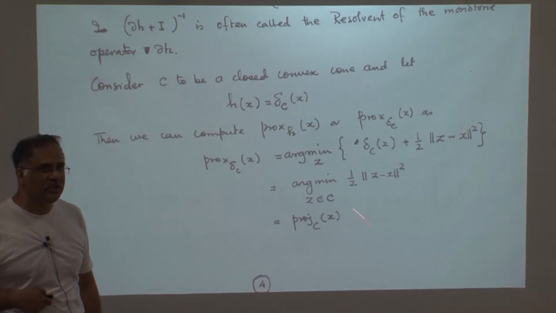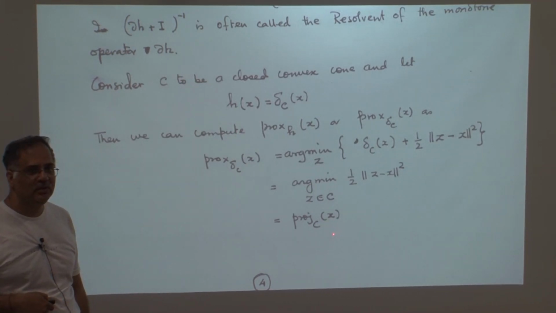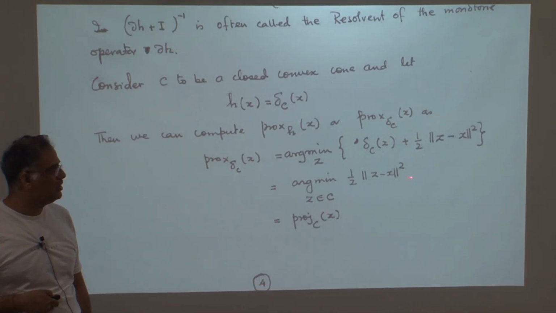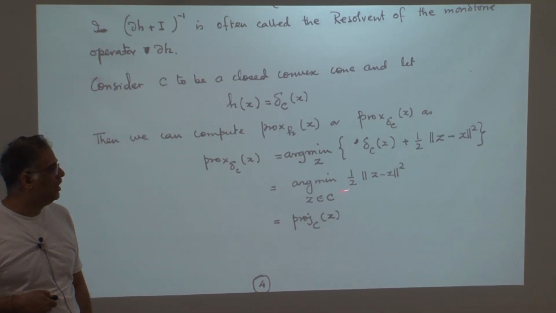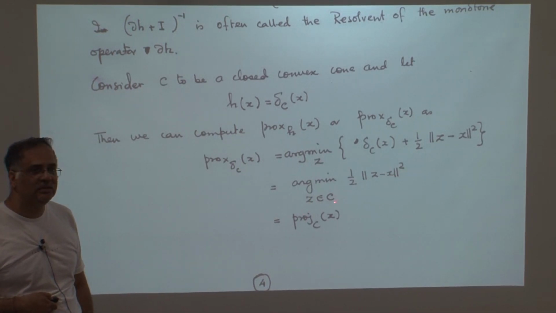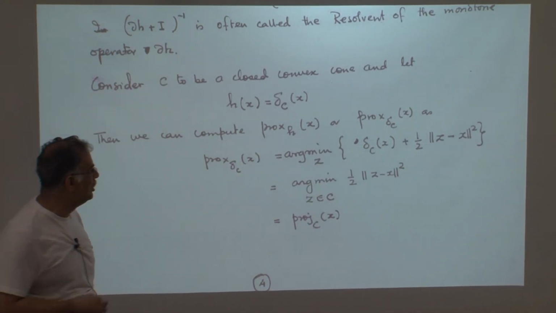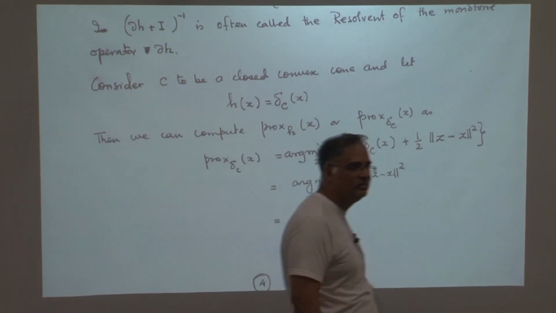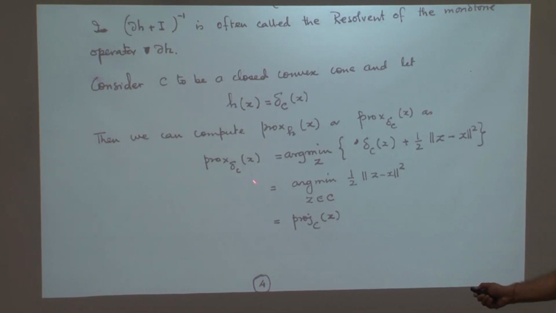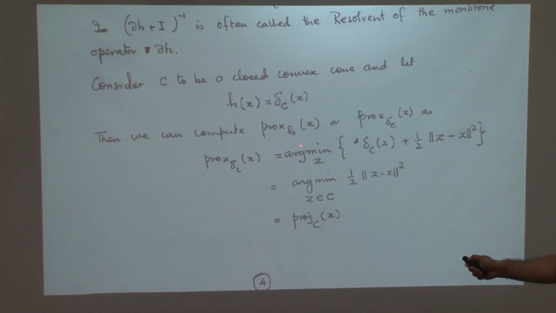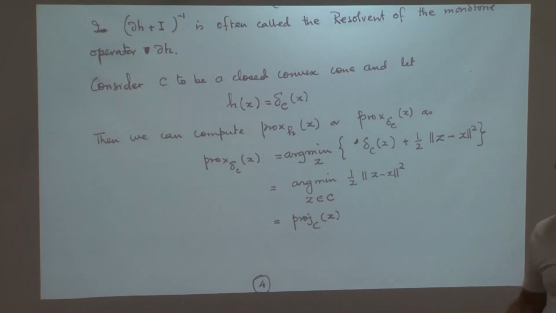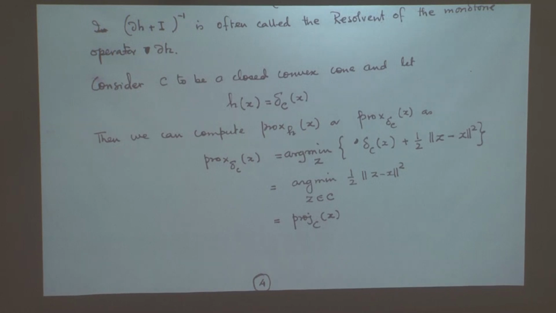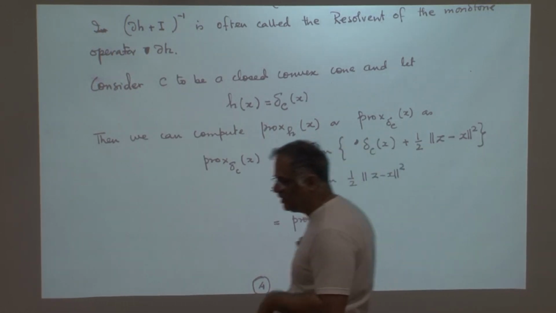This is nothing but the projection mapping, because you are basically computing the square of the distance of the point x from the set C. So the proximal mapping of the indicator function of a closed convex set C is the projection mapping onto the closed convex set C. So convex analysis has a lot of these symmetric and very beautiful links, and that makes it interesting.